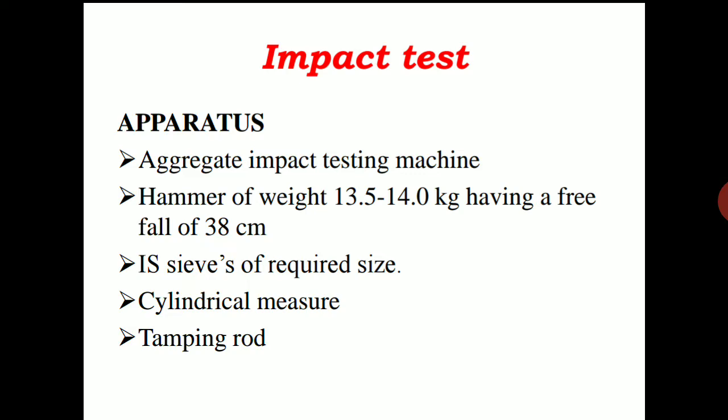Similarly for others, like bituminous macadam base course, it should be around 35%, and all surface courses should possess an aggregate impact value below 30%. The aggregate impact value should be as low as possible, and it should not exceed the limitations given for the different layers by the IRC.